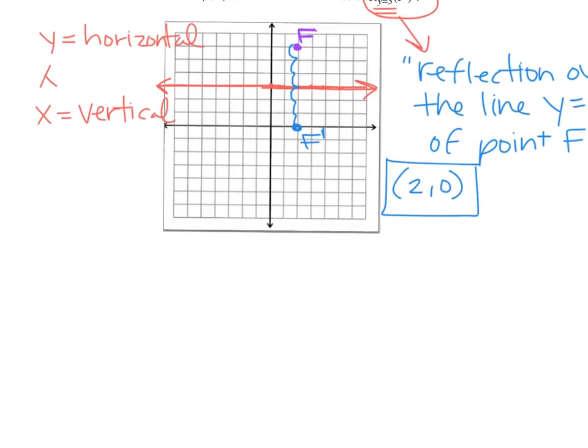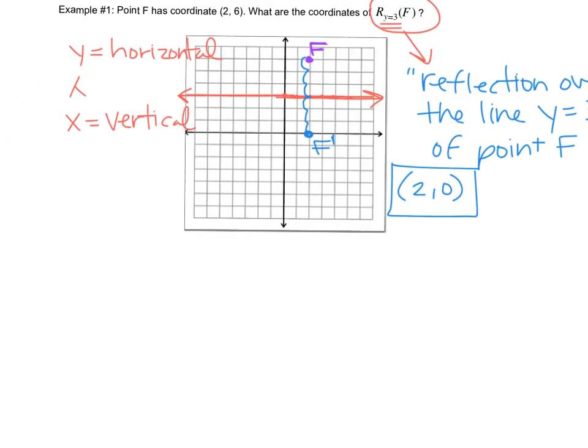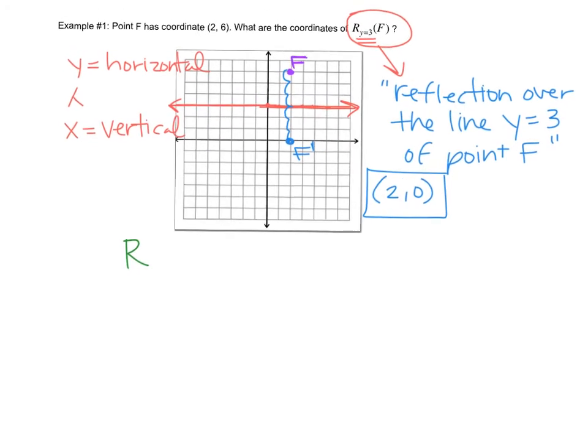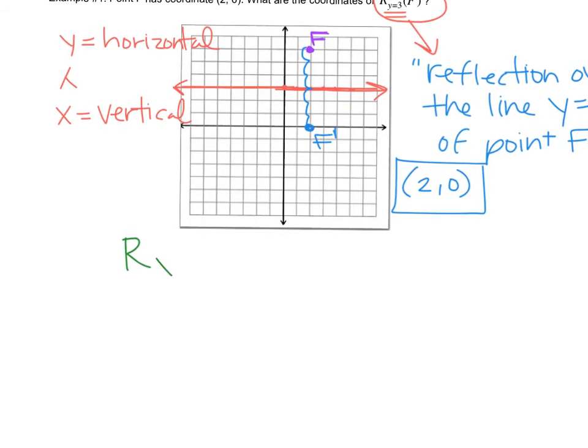Real quick, while I have a little bit of space on this one, what if I said a reflection over the line x equals -1 for point G? Okay, so I'm going to put G right here.